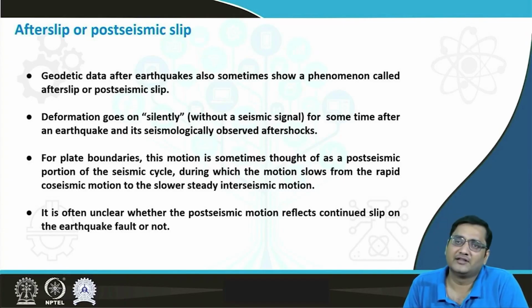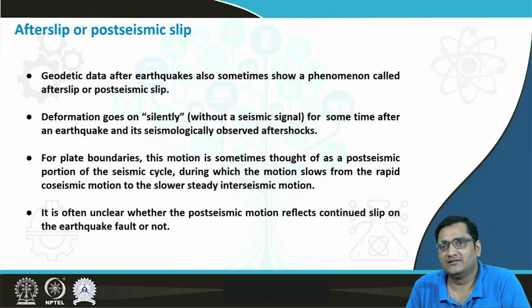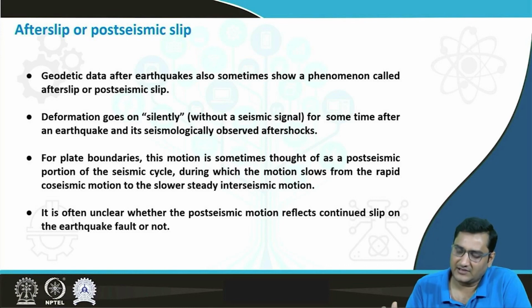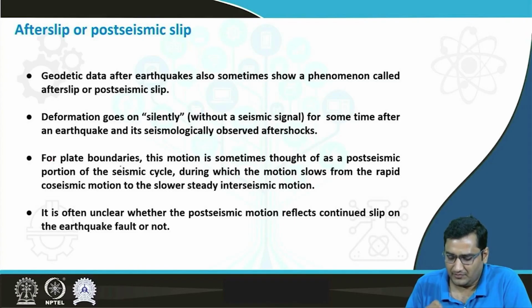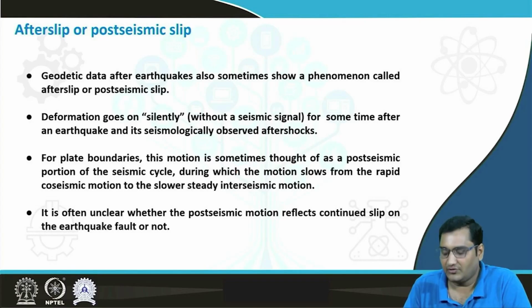Thereafter, it slows down a little, and then deformation goes on silently for some time after an earthquake, and it's seismologically observed as aftershocks. For plate boundaries, this motion is sometimes thought of as a post-seismic portion of the seismic cycle, during which the motion slows from the rapid co-seismic motion to the slower interseismic motion.